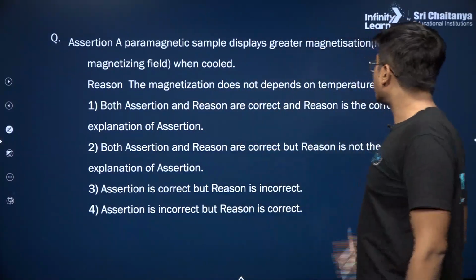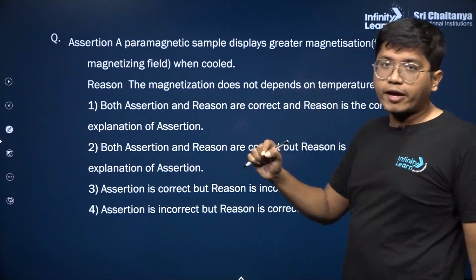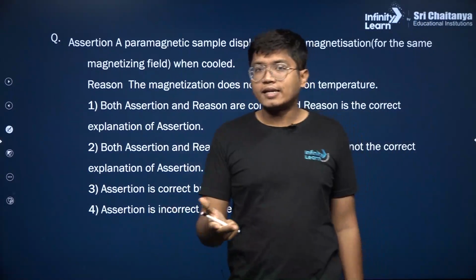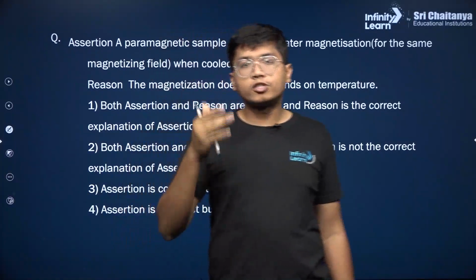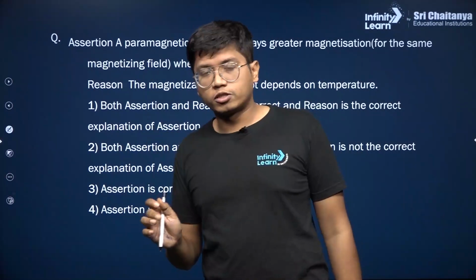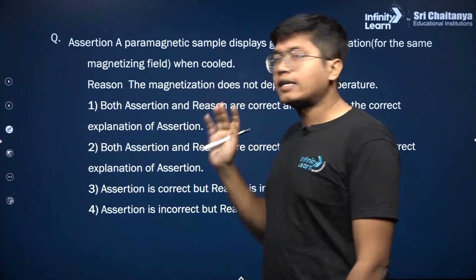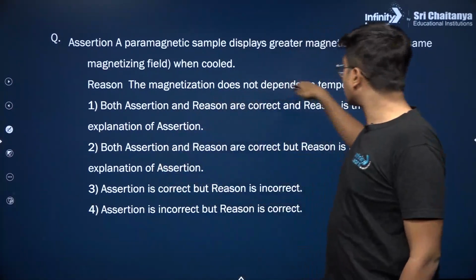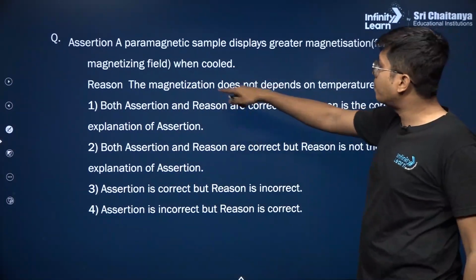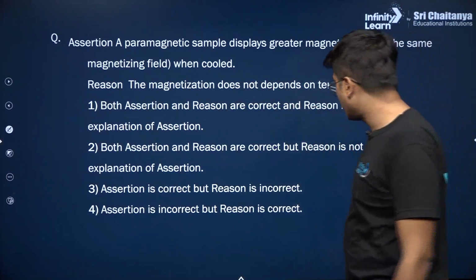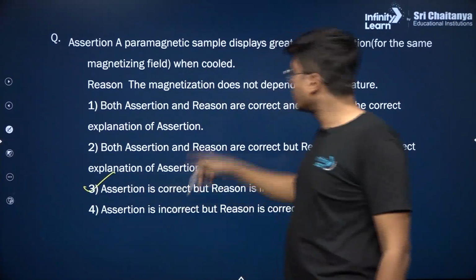Next, magnetization does not depend on temperature. This is incorrect because, like I just said, since susceptibility depends on temperature, magnetization depends on temperature. Only for diamagnets, magnetization won't depend on temperature. But since nothing is mentioned and we're dealing with paramagnetic sample, this is an incorrect statement. So your correct option is option 3, assertion correct.